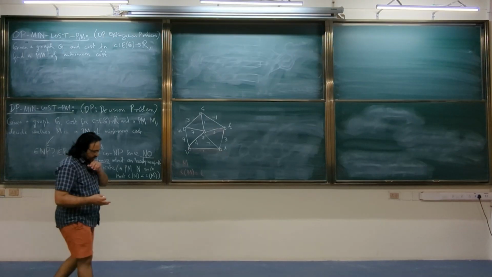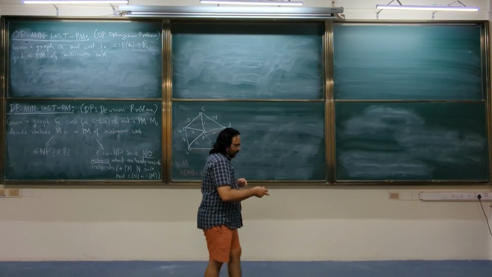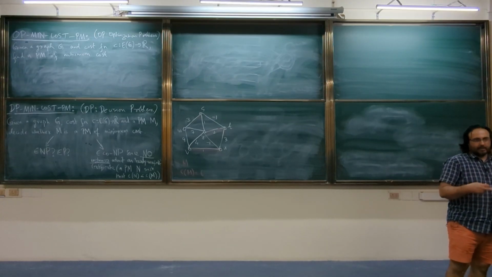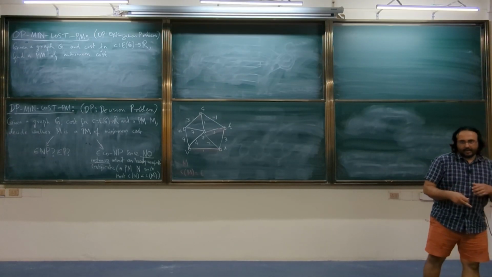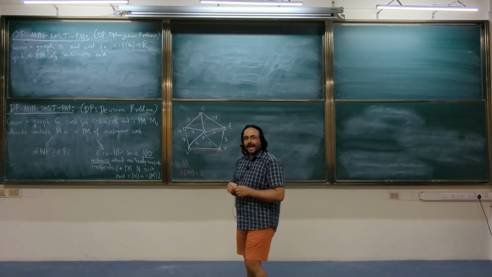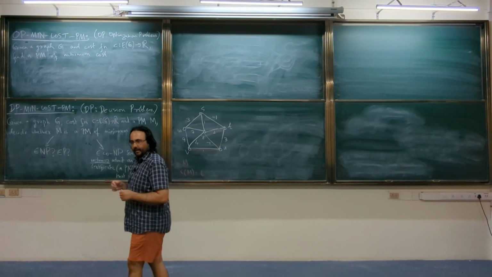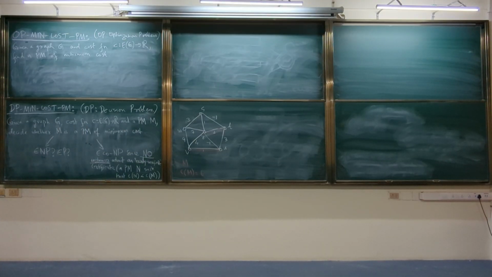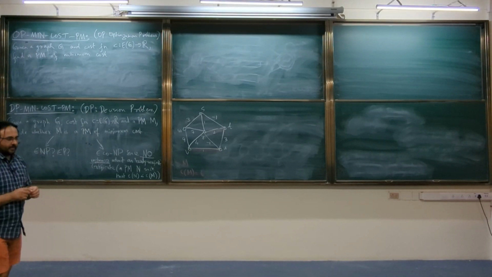So in other words, is it easy to convince someone that the given perfect matching is indeed of minimum cost? And I hope we all came to the conclusion that it is not as easy as the earlier task. How do you convince someone that the given perfect matching is of minimum cost amongst all the matchings?